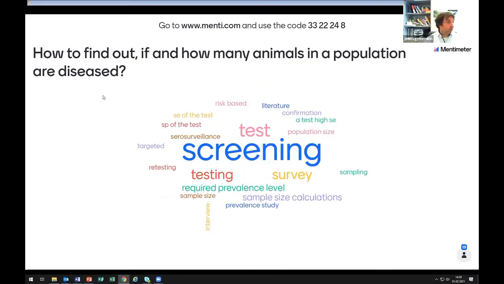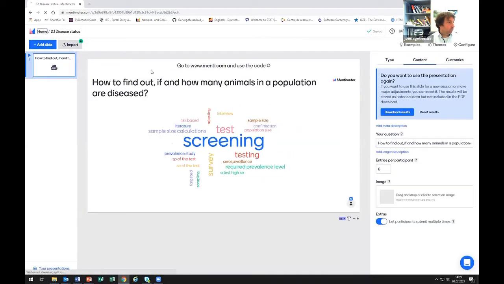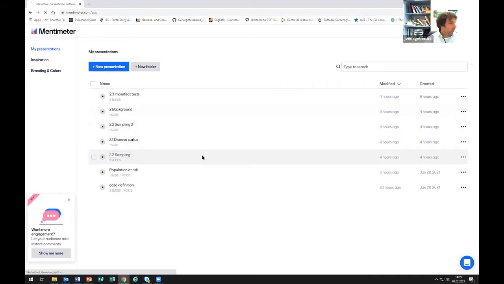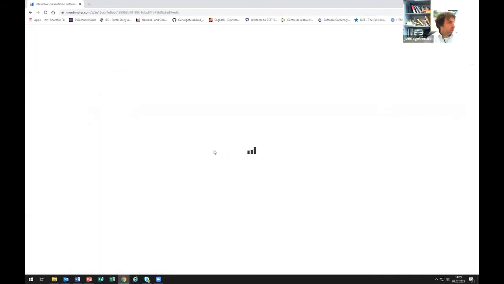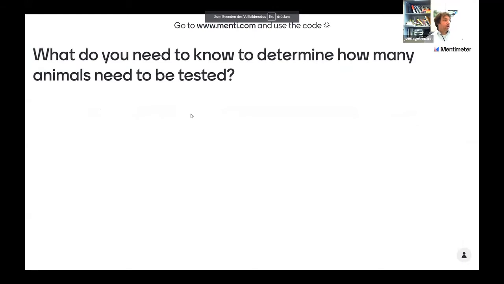In contrast to Inge, I have only the free version of Mentimeter, and I have only a limit of 2 slides, so sorry for that. So maybe, what do you need to know to determine how many animals need to be tested?